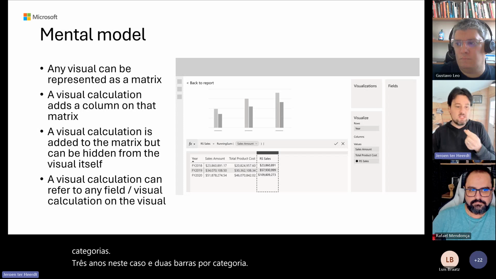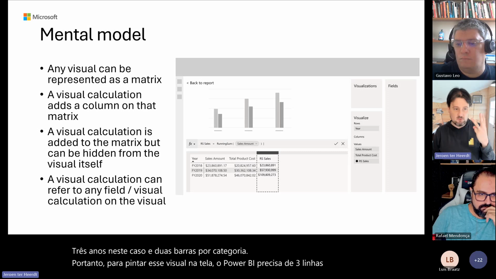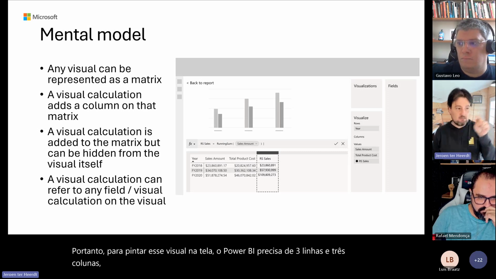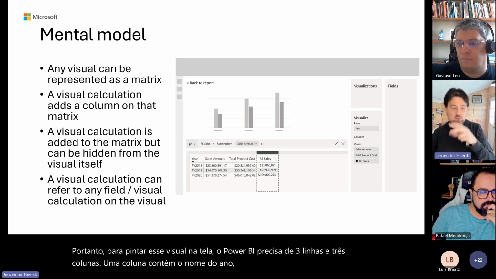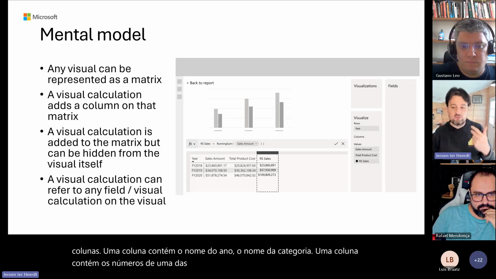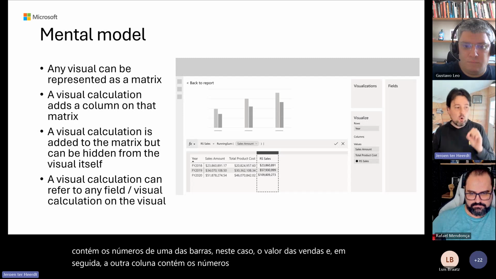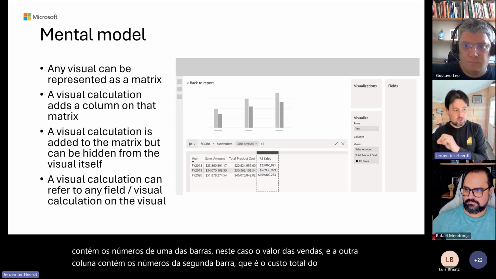So to paint this visual onto the screen, Power BI needs 3 rows and 3 columns. One column contains the year name, the category name. One column contains the numbers for one of the bars, in this case sales amount, and the other column contains the numbers for the second bar, which is total product cost. That is all that Power BI needs to paint this visual onto your screen.